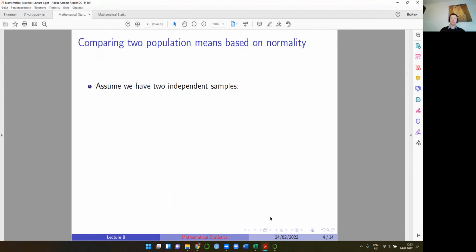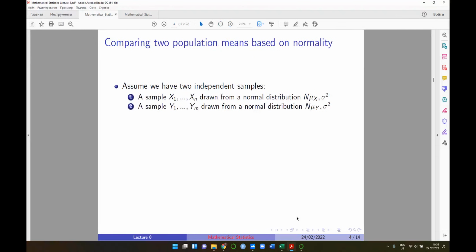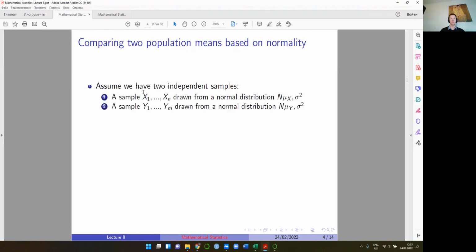Okay, so we start as usual with the simplest case, when we have two independent samples drawn from a normal distribution. One sample of size n, which we denote with x's, is drawn from a normal distribution with mean mu x and variance sigma squared. There must be parentheses.